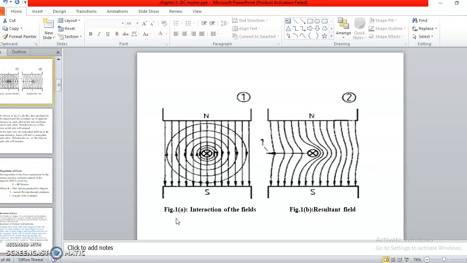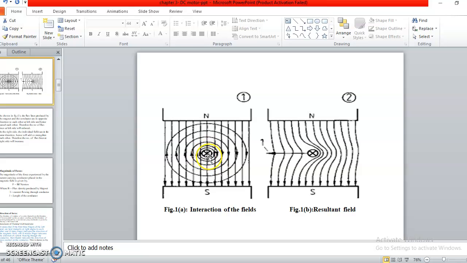So you can observe this figure, inside this main magnetic field. There are two permanent magnets, N pole and S pole. Magnetic flux lines outside the magnet are shown from N to S, and a current carrying conductor is placed in the magnetic field, centrally located.